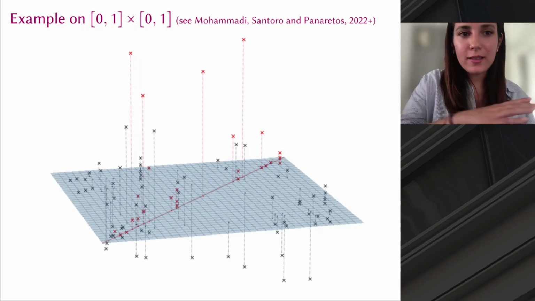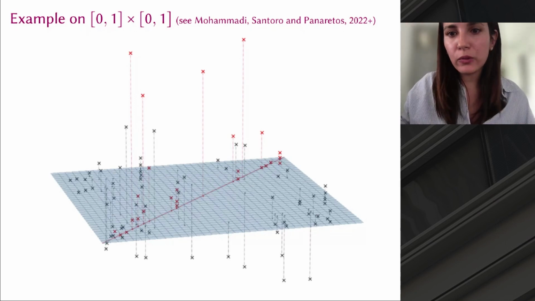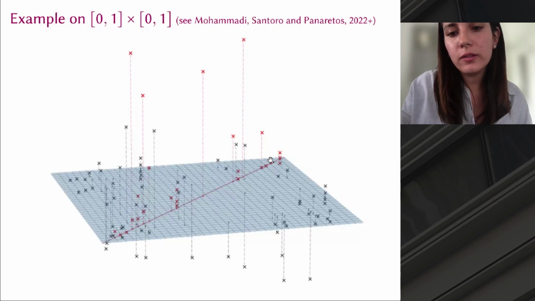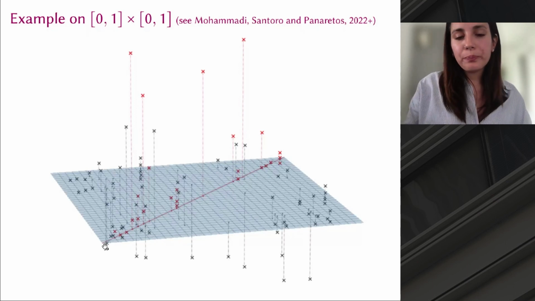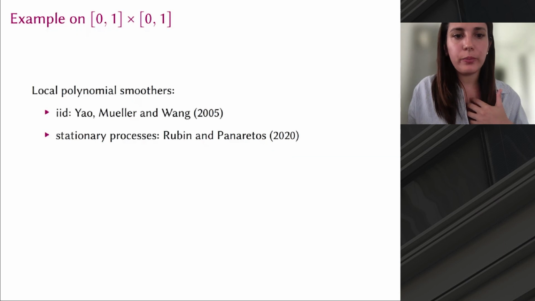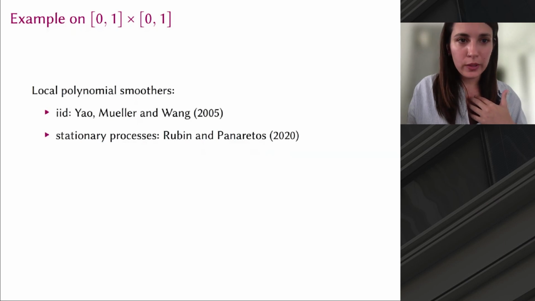So the idea is that we can smooth this cloud of points to obtain an estimate of C_h. If h is equal to 0, we just discard the diagonal. This problem has been tackled by Yao, Müller, and Wang for the iid case for [0,1]-valued functions, and also by Rubin and Panaretos in the stationary case, so in the time-dependent case, using local polynomial smoothers.